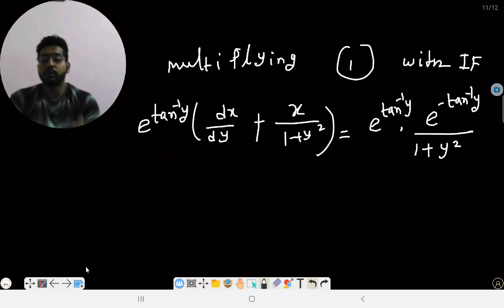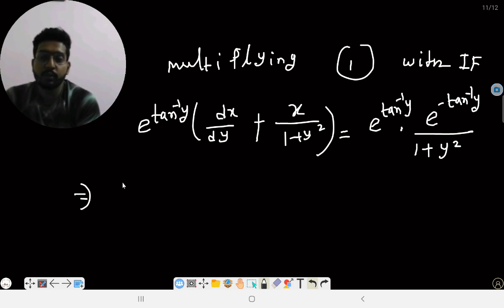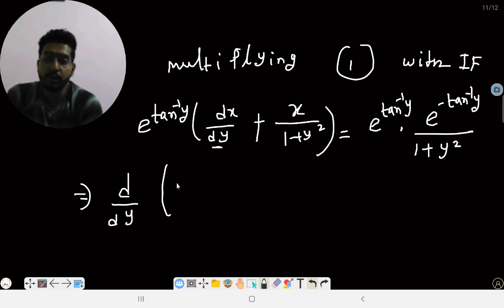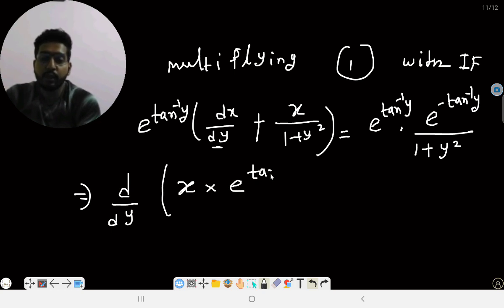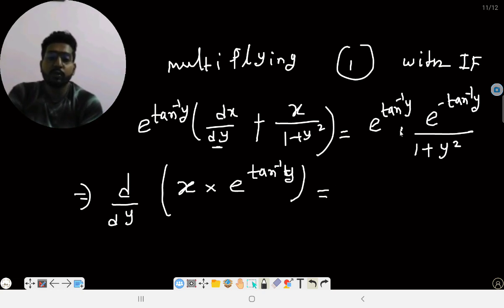Done. So first you have to find the integrating factor. After getting the integrating factor, you have to multiply the integrating factor with the equation. Now what is the next step? The left hand side will become like this. Since here you can see this is d dy, and this is a linear equation in x, here it will be x into the integrating factor, e to the power tan inverse y, equals to, now if I multiply these two, what will happen?